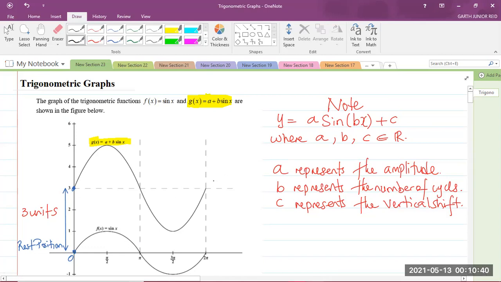This dotted horizontal line is the new rest position, or the new undisturbed position.